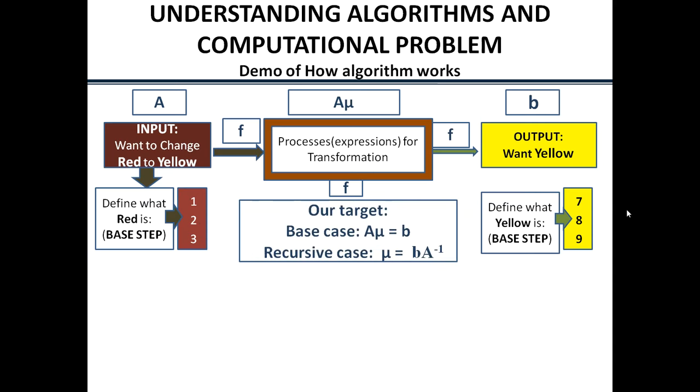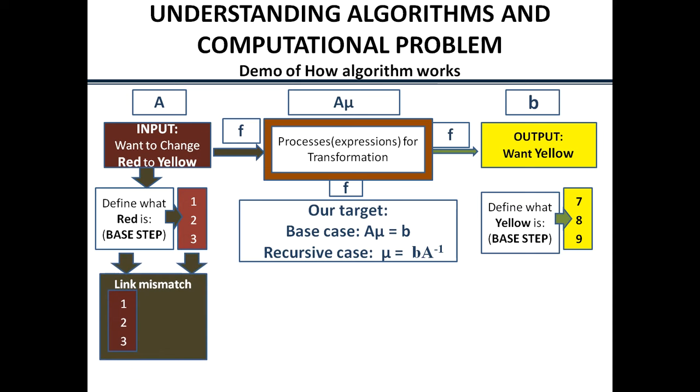Our target is to use recursion. With the best case, we are not going to do any major repetition, so we immediately get B equal to B. But recursively, we are going to apply that result on this function over and over again until we get there. I'm assuming we are using the recursive method.